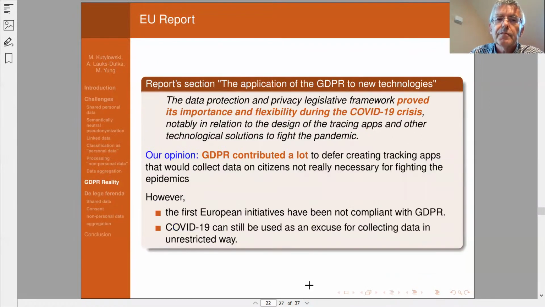The report section on application to new technologies says that it has proved its importance and flexibility during the COVID crisis. Well, it was really the case because it set some important barriers to some solutions proposed also in Europe.